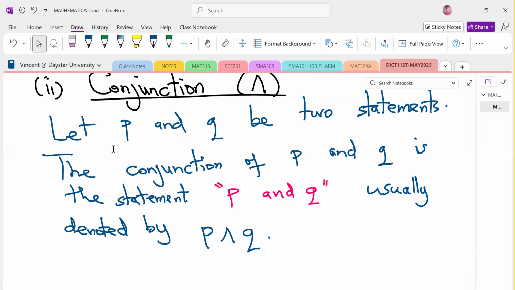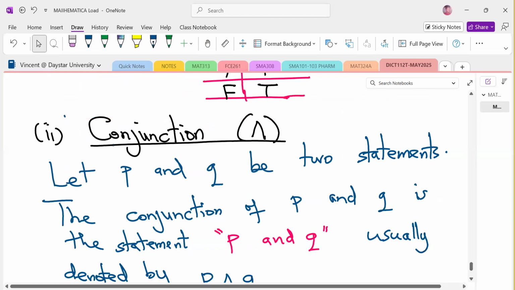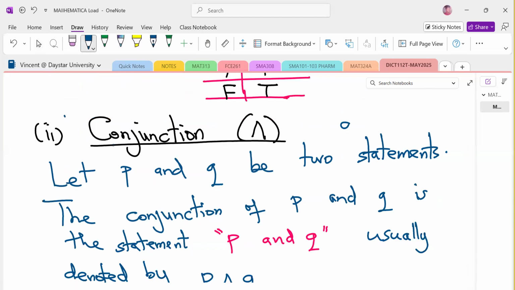So the word and is a key word in the definition of a conjunction. If you remember what you did on sets, we said for the word intersection, the key word is and. Similarly here, for the term conjunction, the key connecting word is and.